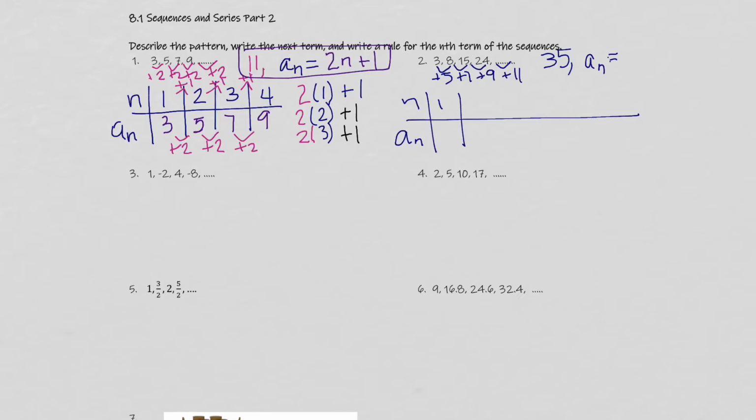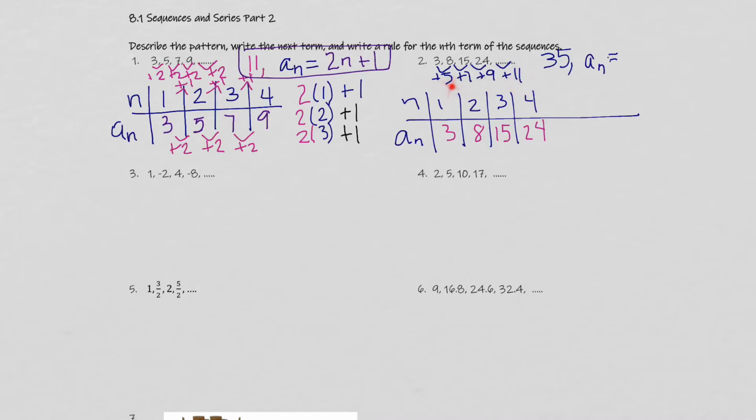So I'm going to put down my 1, 2, 3, 4. And then my numbers in those positions, and position 1 was 3, position 2 was 8, position 3 was 15, and then 24. And this time I realized that these numbers right here are not consistent. So this is not a linear function. That's what I know.